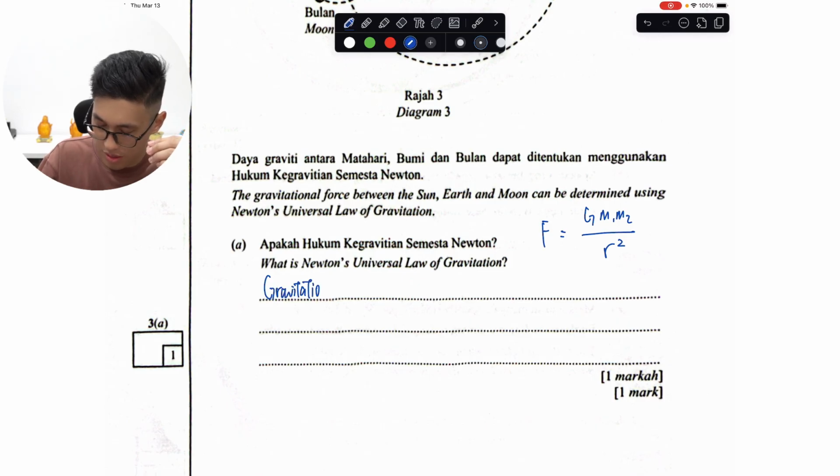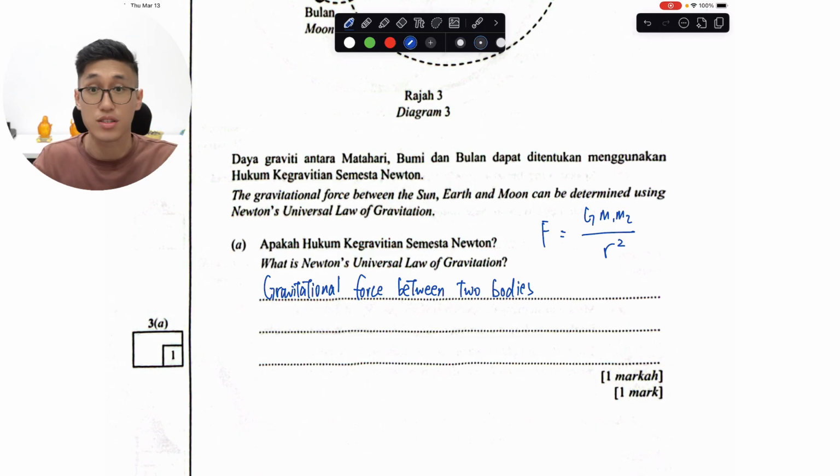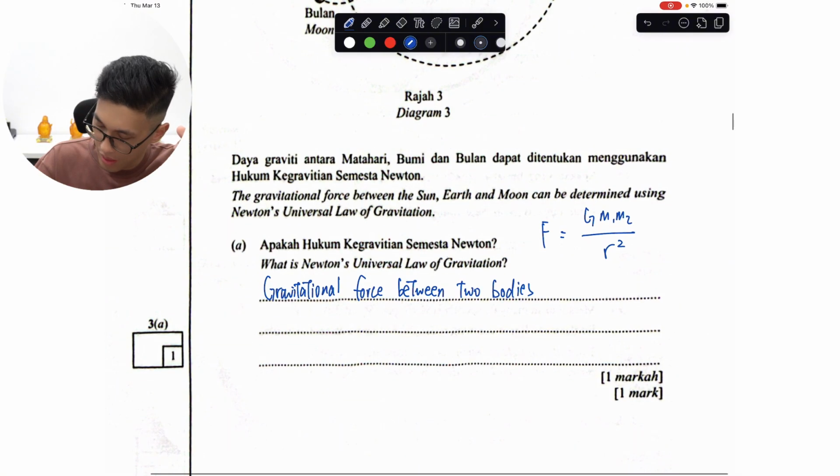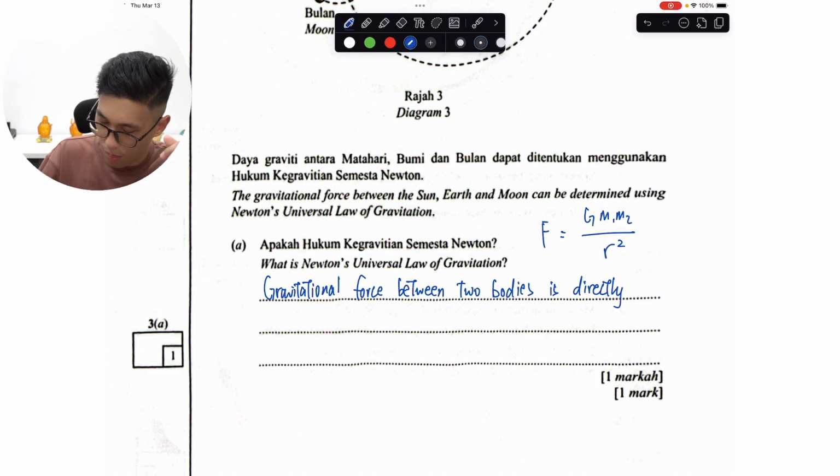gravitational force between two bodies. Okay? So two things or two bodies, right? Is directly proportional to the product of their masses.